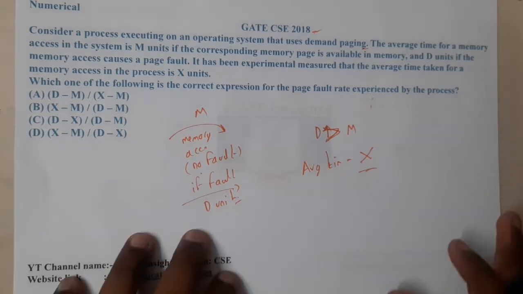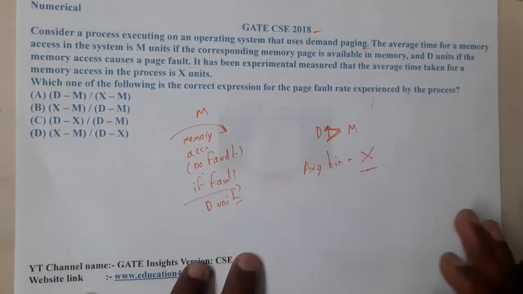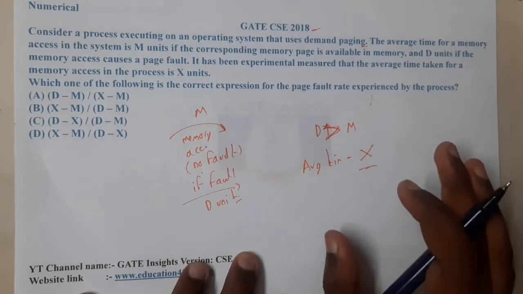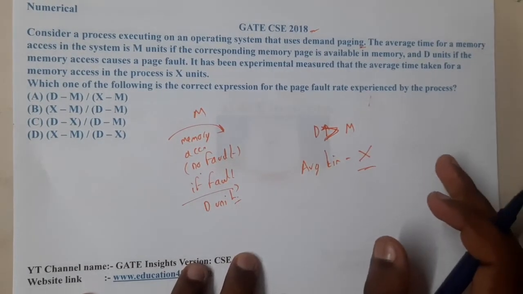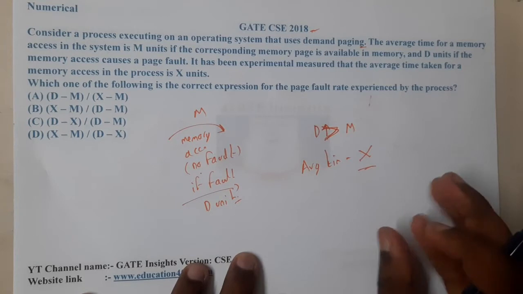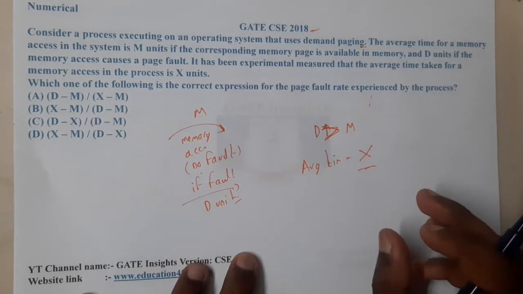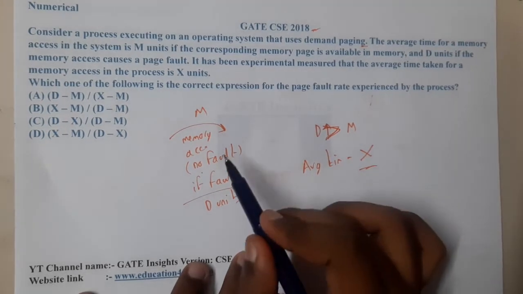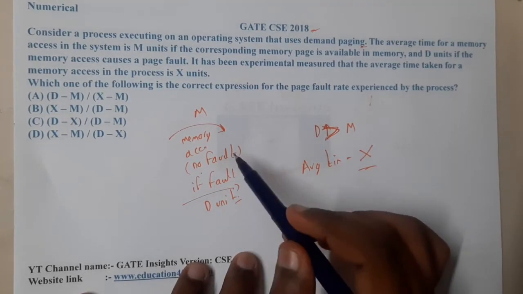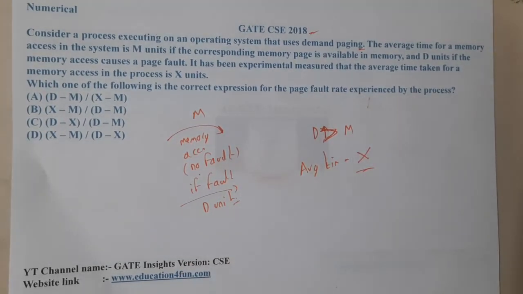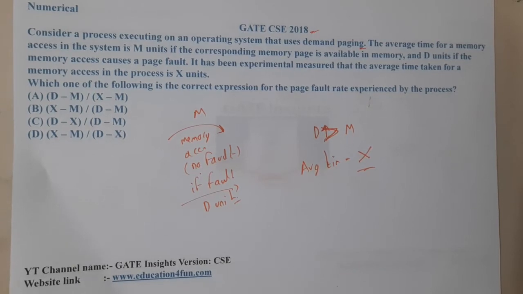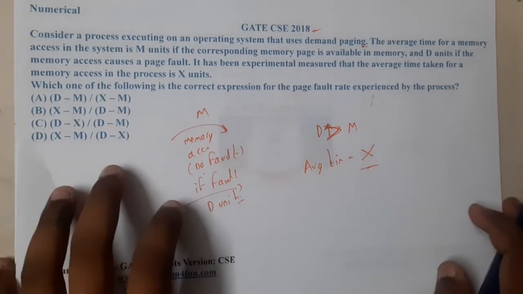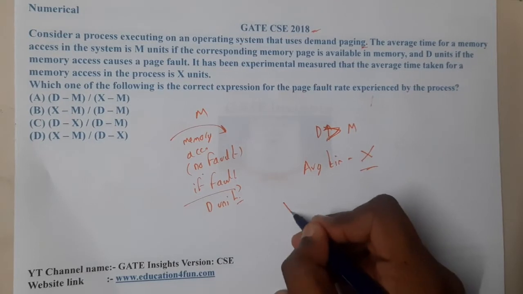Let us observe it carefully, guys. This equation seems to be really easy, right? If I want to calculate the number of faults, what will be the formula? Here m and d are the units of time, and they are saying the average time is x.